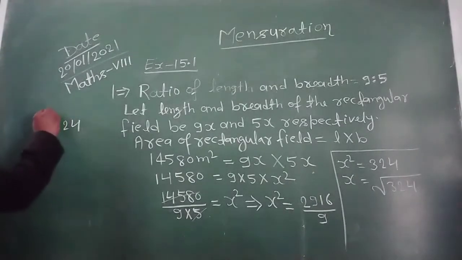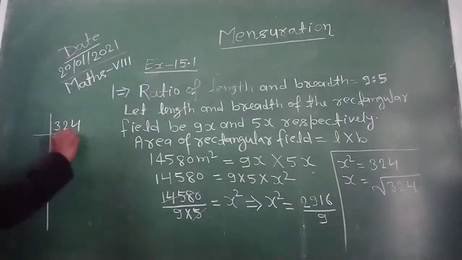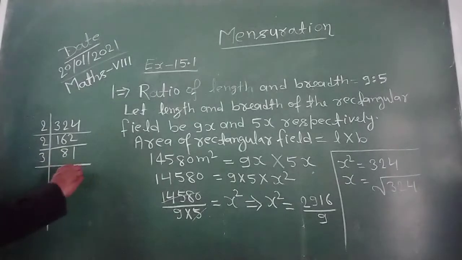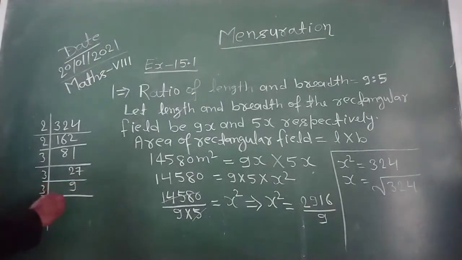324. The factors of this number: you can divide it by 2 to get 162, again by 2 to get 81, then by 3 to get 27, by 3 again to get 9, and by 3 again to get 3.